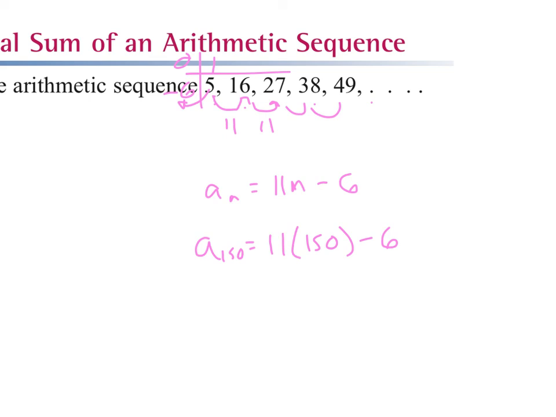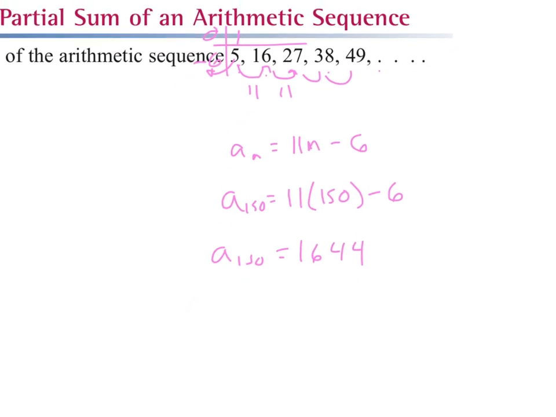What is 11 times 150? 1650. 1650, and then minus 6. 1644. So this is our 150th term.